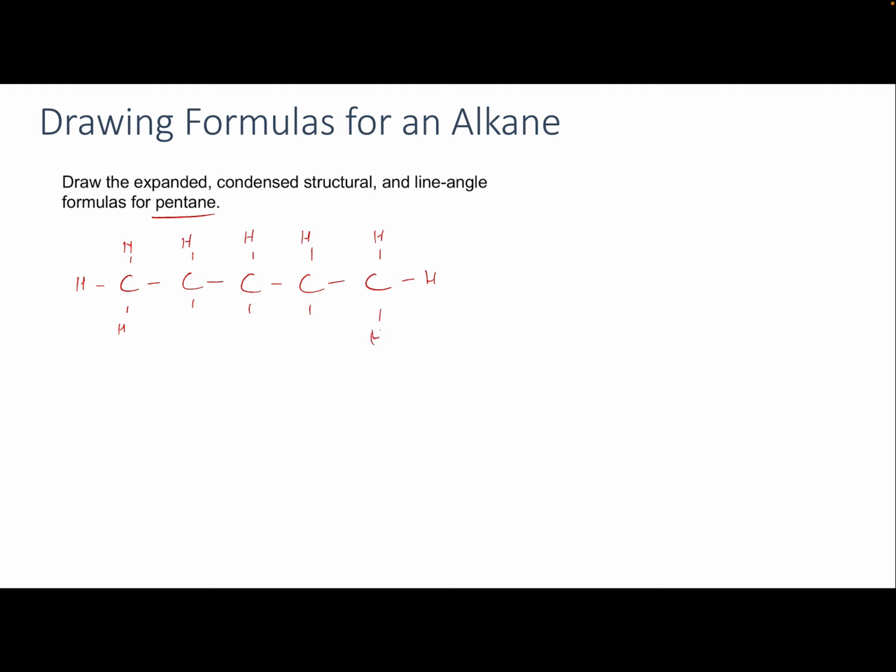For the condensed, you just take each of these groups and write them without showing the bonds. So this first carbon would be written as CH3 because it has 3 H's on it. CH2, CH2, CH2, and then another CH3. For the line angle, every end and corner is a carbon, and so as long as you only have 5 of those, you've got pentane.